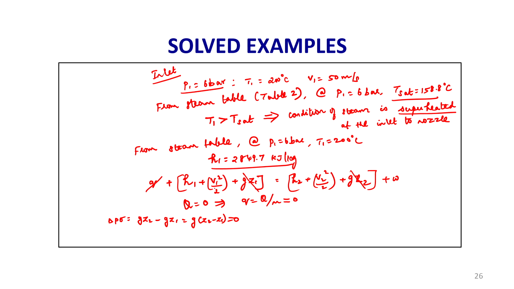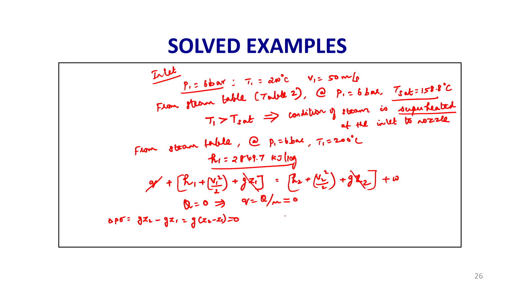So, now we are left with H1 plus V1 square by 2 equal to H2 plus V2 square by 2 plus w. So, in case of a nozzle, the inlet fluid velocity is increased while the fluid leaves the nozzle, the pressure drop takes place. So, there is no heat quantity involved or work quantity involved.